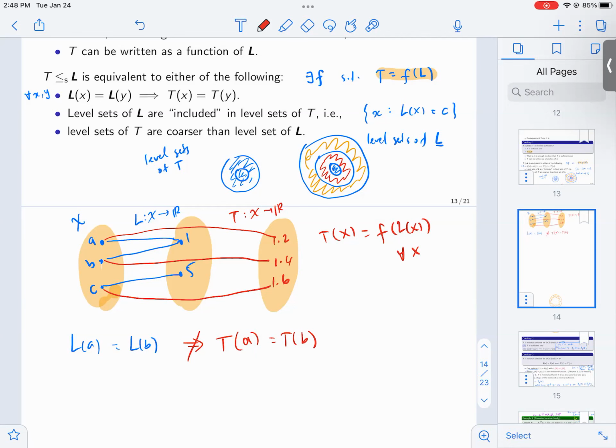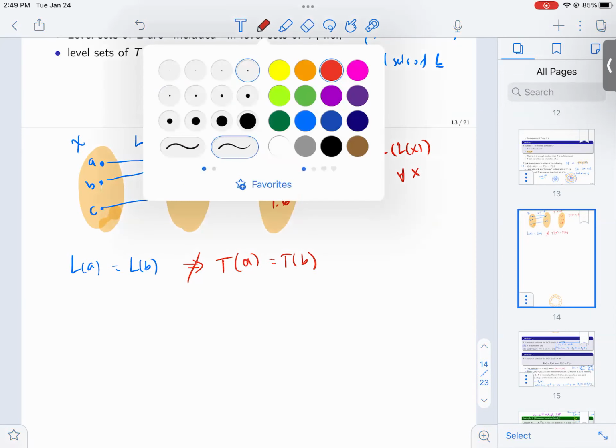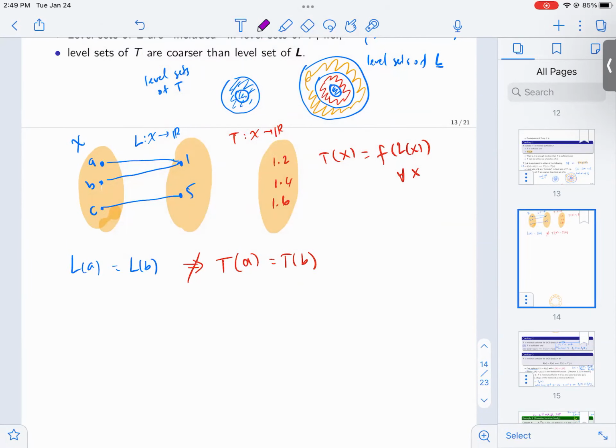But in the other direction, if T, for example, takes both A and B to this one, and this one can go anywhere, then there is a function. So this condition now holds, because whenever L of A and L of B are equal, then T of A and T of B are equal.